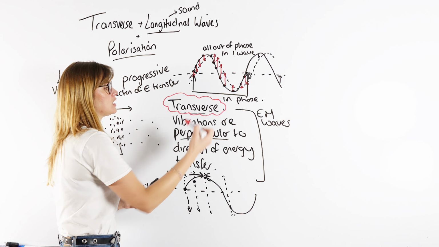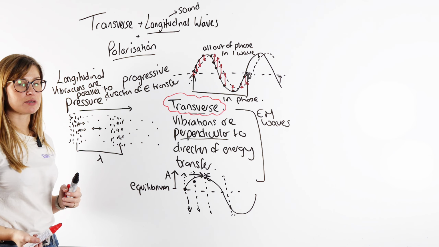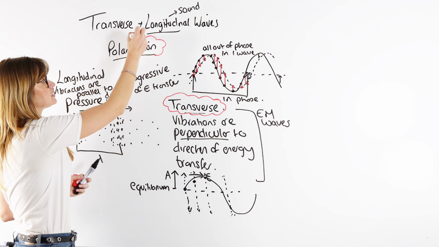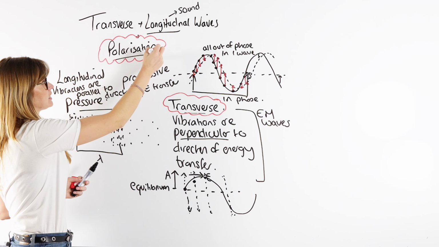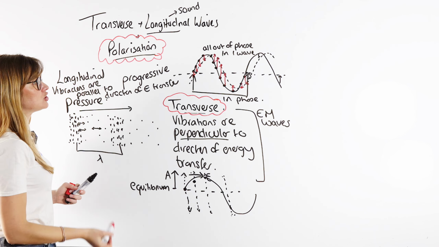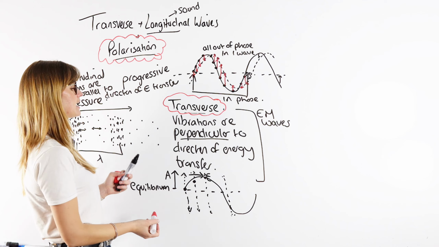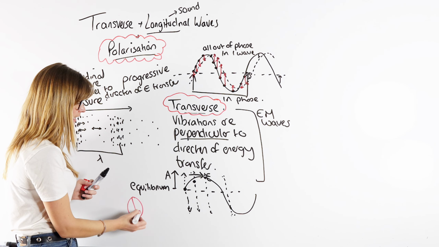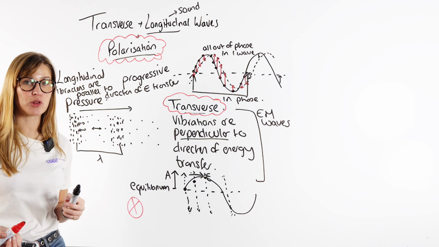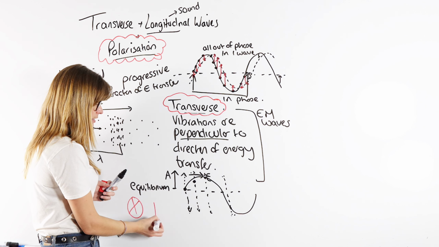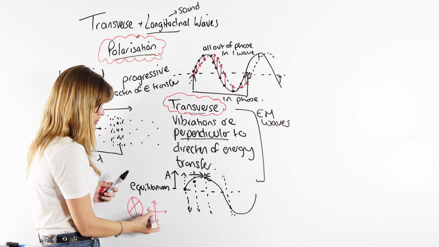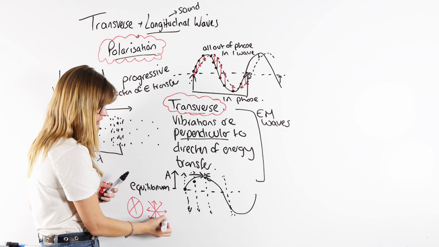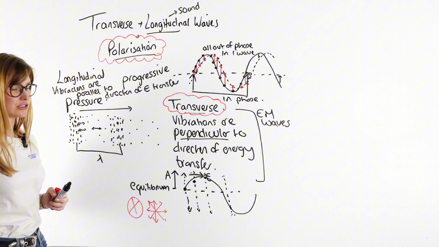So what does that mean? So a transverse wave is the only wave that can be polarized because the oscillations are perpendicular to the direction of energy transfer. So if I imagine unpolarized light, so let's say I had a light bulb. A light bulb or the sunlight gives out unpolarized light. So what does that mean? It means that the oscillations or vibrations are in every plane of oscillation possible that's perpendicular to the direction of energy transfer.